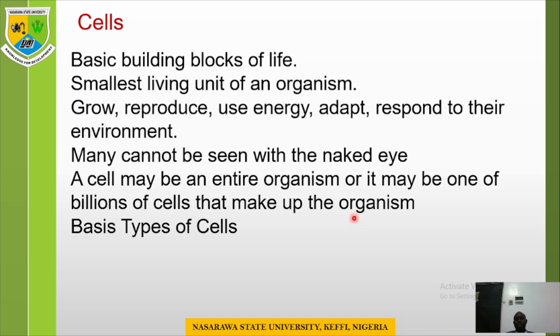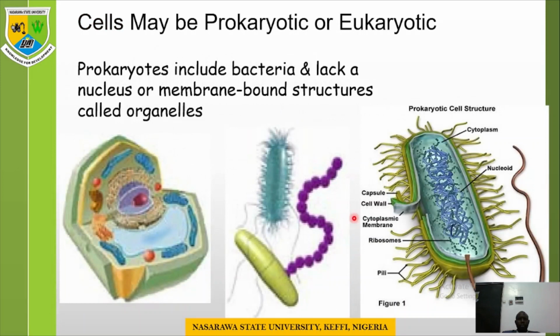Of course, we have some microorganisms. They are organisms, but you cannot even see them with the naked eye. A cell may be an entire organism, or it may be one of the billions of cells that make up the organism. The cells can be prokaryotes or eukaryotes.